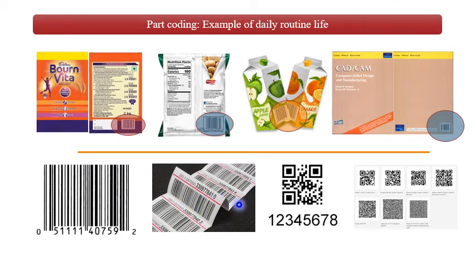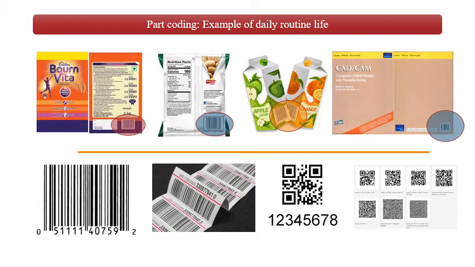The barcode and the QR code belong to a specific product: the product, their batch size, their manufacturing date, and so on. This kind of information is available only with these graphical codes. So this is an example that belongs to daily routine life products.